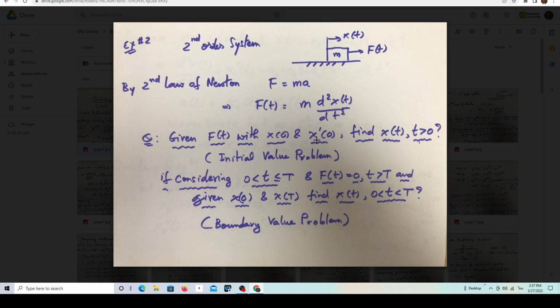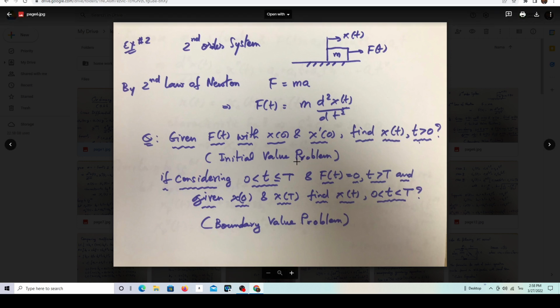So given two initial conditions and the force function applying to a constant mass, what is the displacement function when t is greater than 0, once this force has been applied to the mass? This type of problem in ordinary differential equations we call an initial value problem.